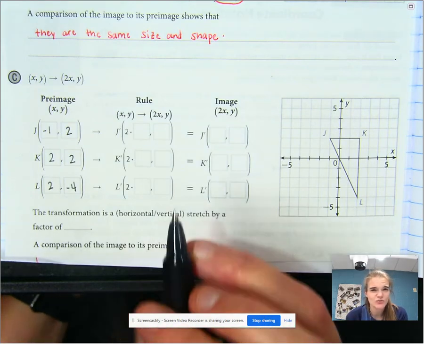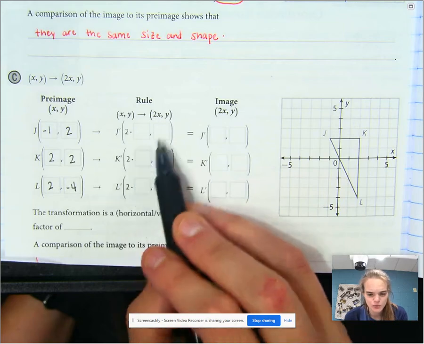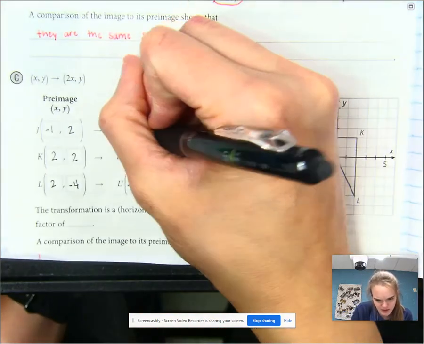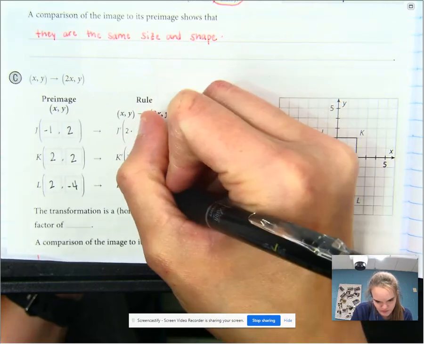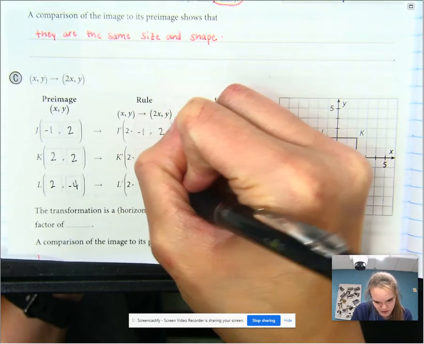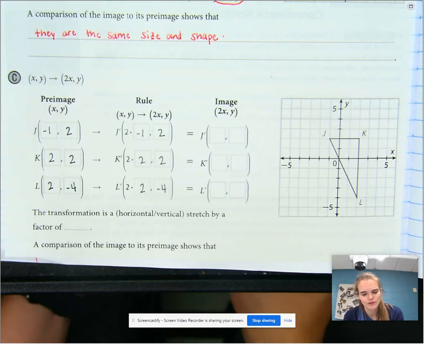Okay, now here's why we're going to skip this in a minute. This rule part is just copying it back down, and I feel like that's a waste of your time. I don't like to waste your time. For this one, we're going to do it.